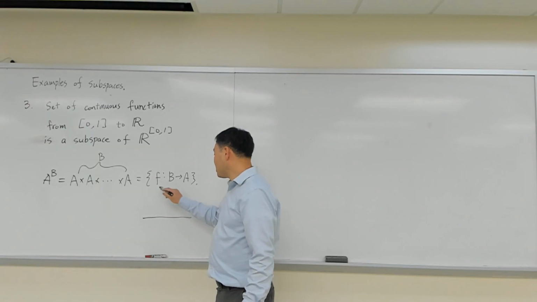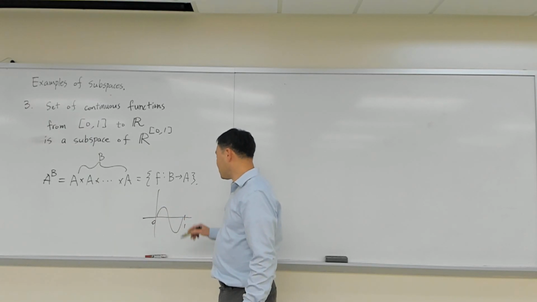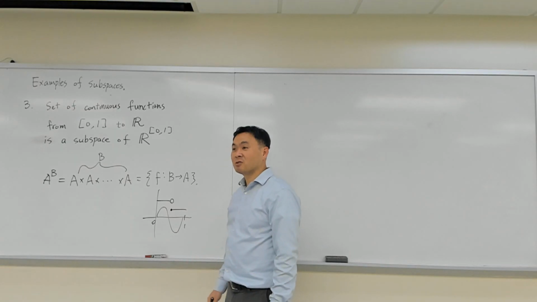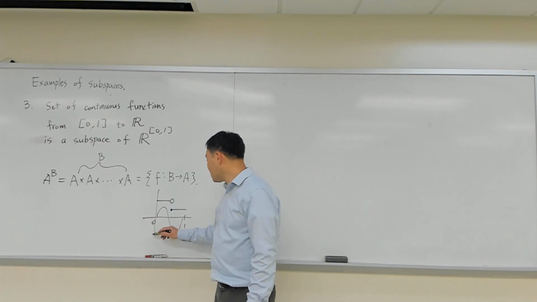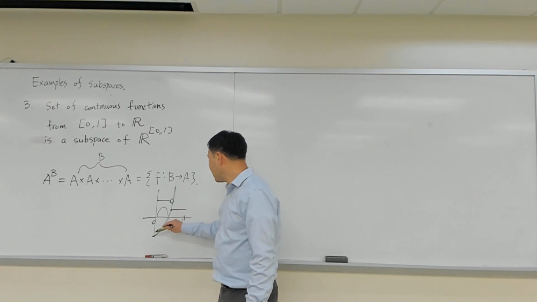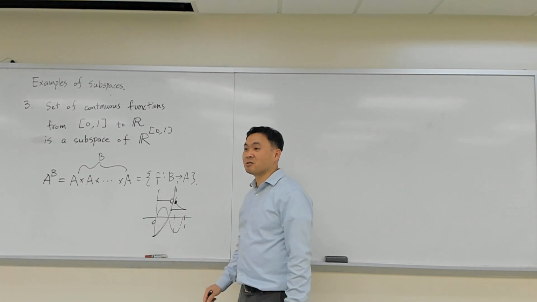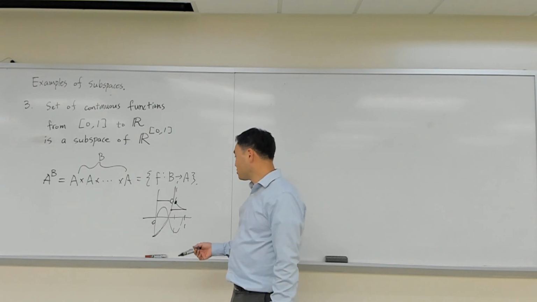You can have something like this, or something like this with some function that's disconnected. You might even have something going up, but then you have a solid value and come down here. So you have all kinds of different possible functions from 0 to 1.